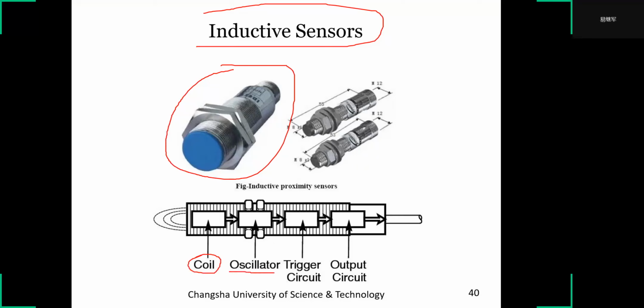Next is an oscillator. This is a trigger circuit. The trigger circuit is triggered by the signal from the coil, so the triggered signal is output to the device.